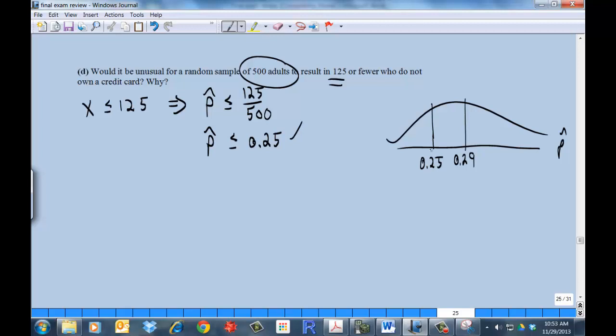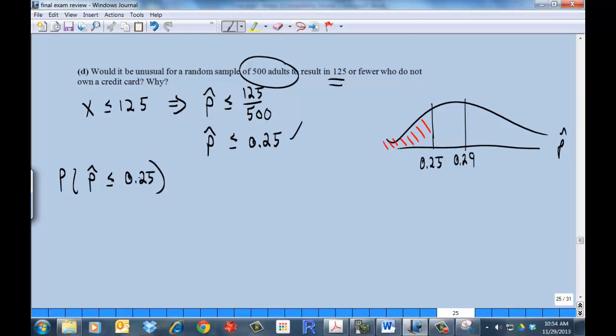Saying that less than 125 out of 500 is the exact same statement as saying p hat, the percentage of the 500, is less than 25% or less than 1/4. So this is the probability that we're looking for right here. Again, from the picture, we get our formula: probability that p hat is less than or equal to 0.25.